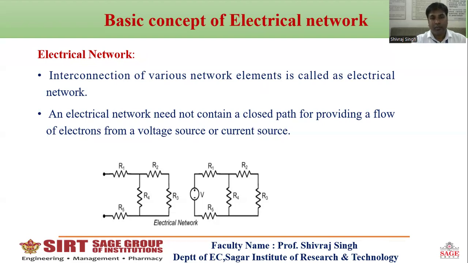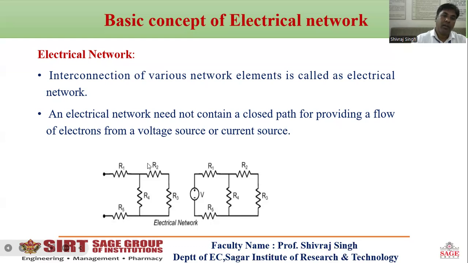Basically, an electrical network does not necessarily contain a closed path for providing the flow of electron as well as current from the voltage source and current source. In this circuit, we can show that this is the basic example of the electrical network.